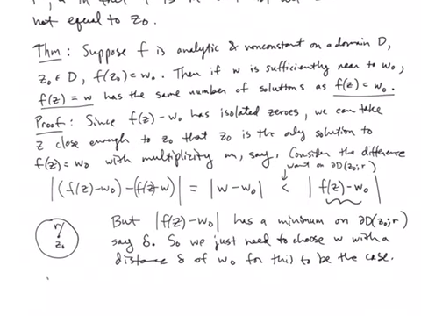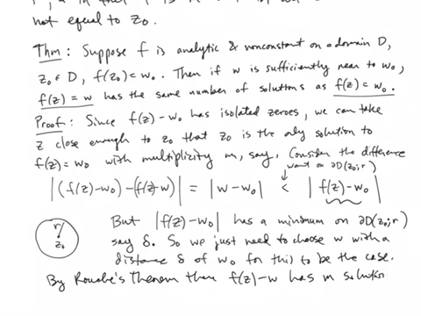And then by Rouche's theorem, f of z minus w has m solutions in the disk around z naught of radius r.